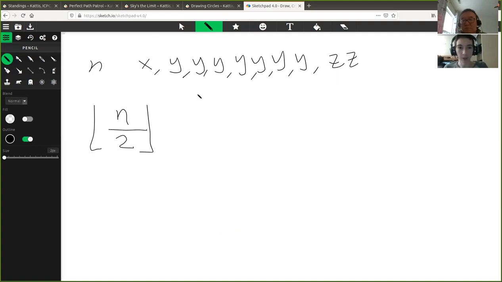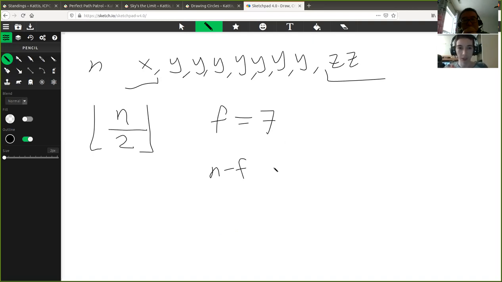Another upper bound is considering the most frequent character. Let's call the number of occurrences f. In this case, it's 7. All of them must be in distinct pairings, so that also means everything else, n minus f, is also at most that many.